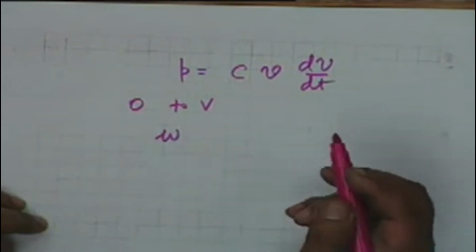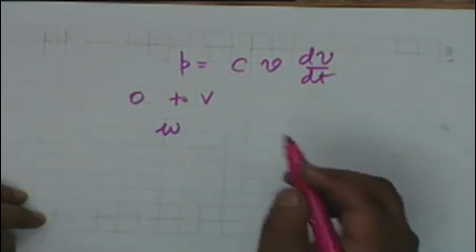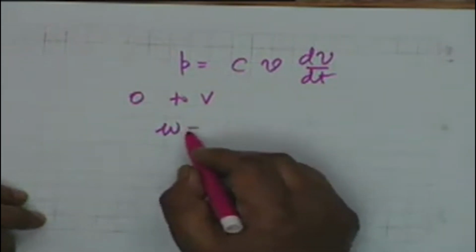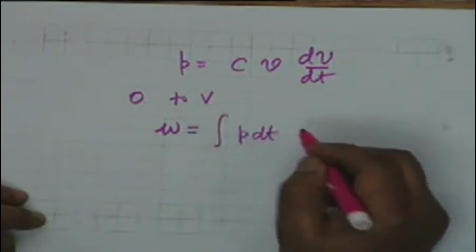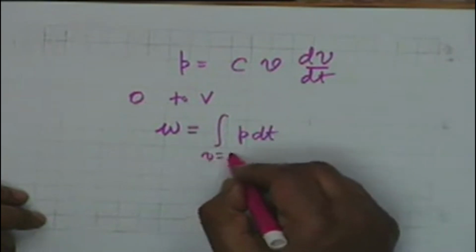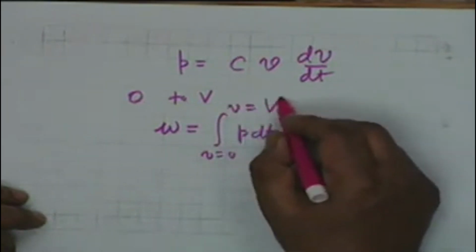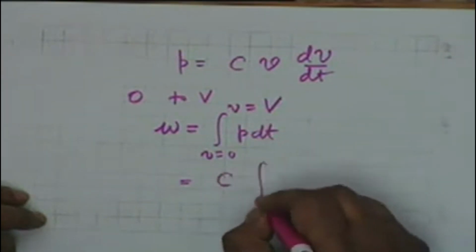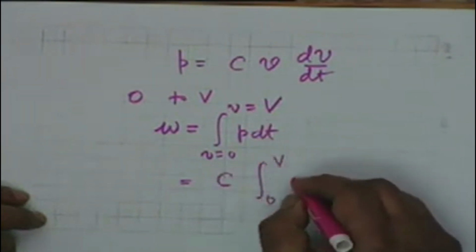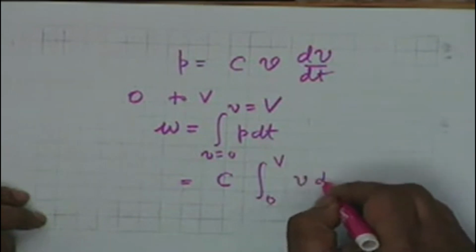Then the energy stored in the capacitor shall be given by the integral of P dt, from v equal to 0 to v equal to capital V, and this therefore is equal to C times the integral from 0 to capital V of v dv.